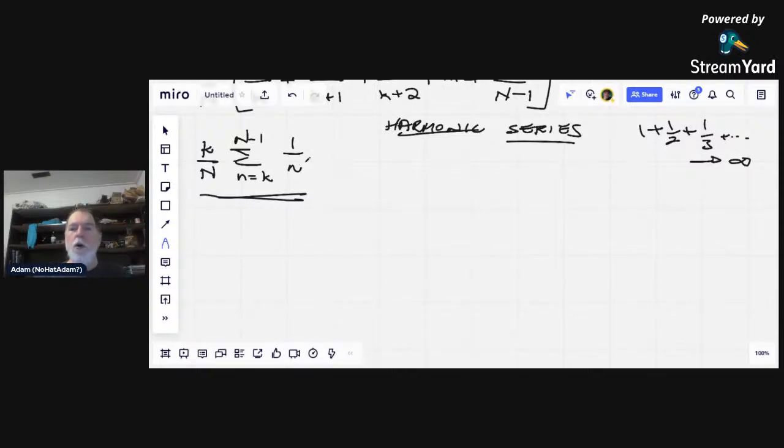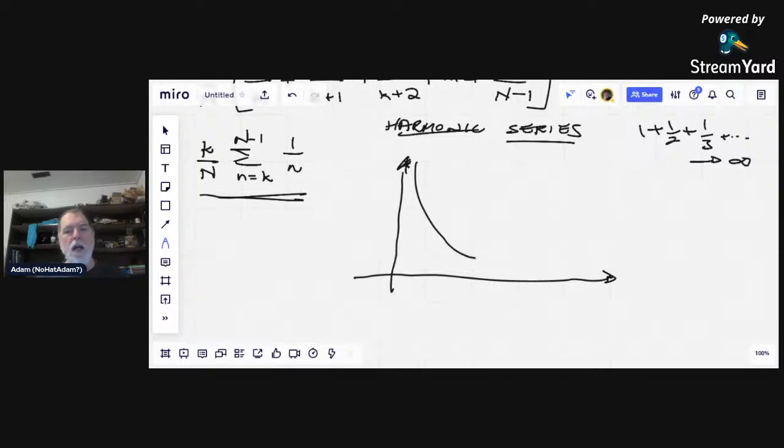So we're going to take advantage of this very cool fact. This is a wonderfully accurate graph: that's y and that's x, and this is y equals 1 over x.